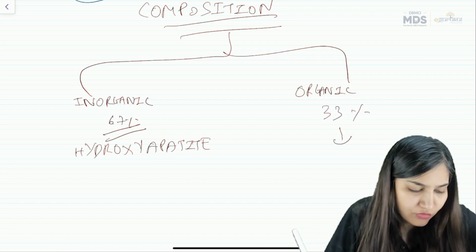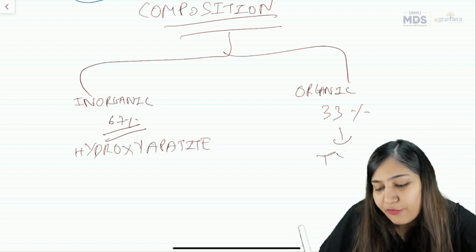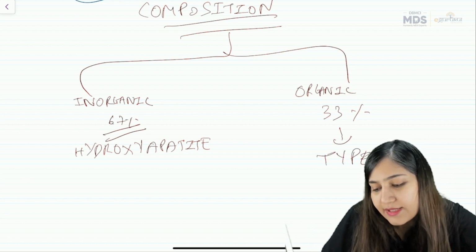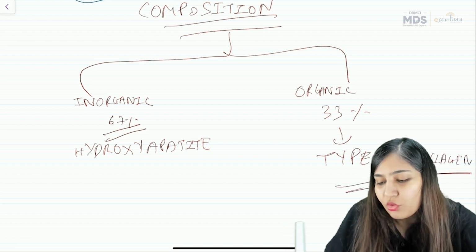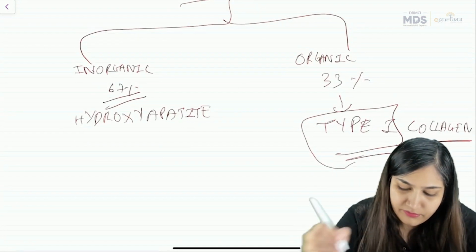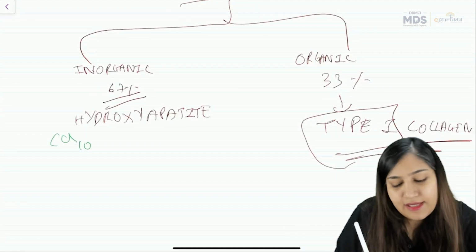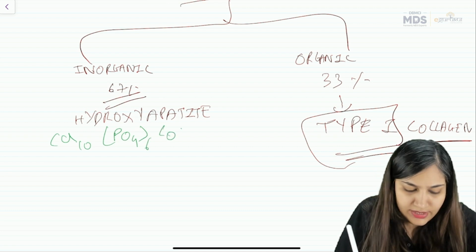So in the organic part, what will we have? Mainly collagen, type 1 collagen. This can again be asked as an MCQ question: which type of collagen is common in bone? Type 1 collagen. What is the formula here? Ca10(PO4)6(OH)2.